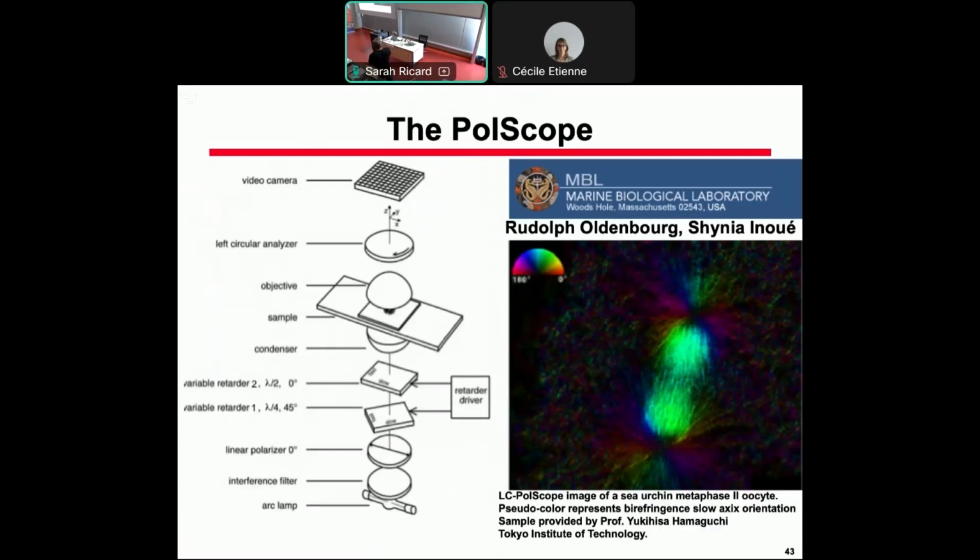It's nothing else than a polarization microscope in which more optical elements have been added, polarizers but also variable retarders, and they are all on a rotating stage. Basically, by taking many images, you are able to fully reconstruct in 3D the direction of the birefringence, in the so-called PolScope.